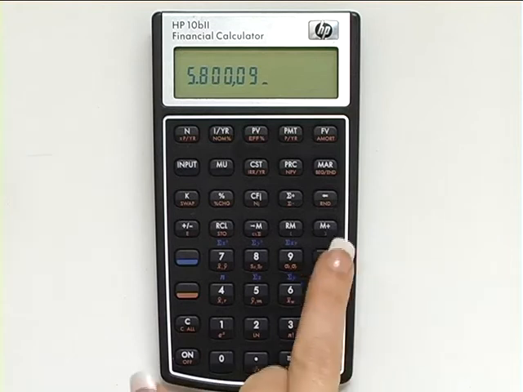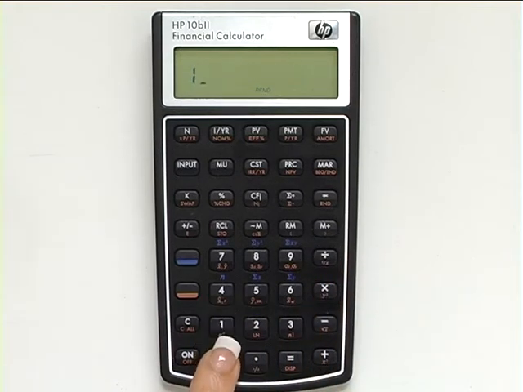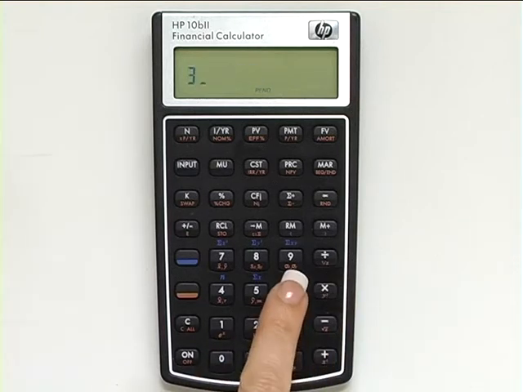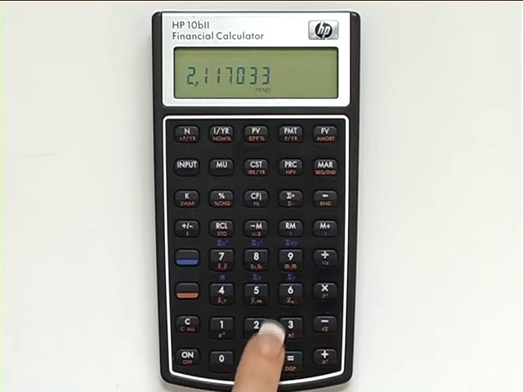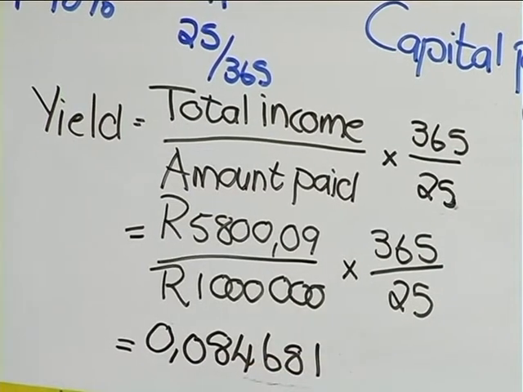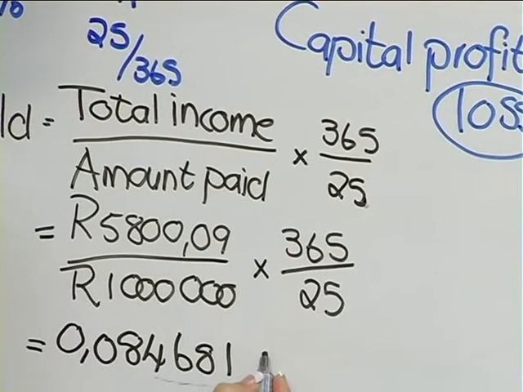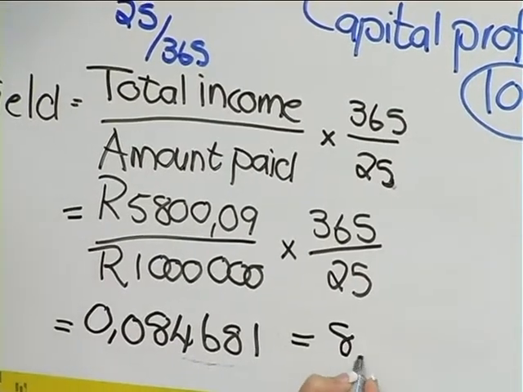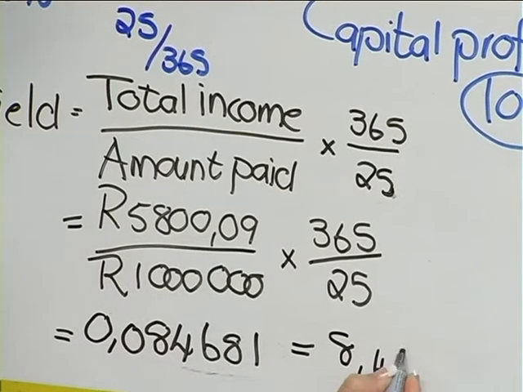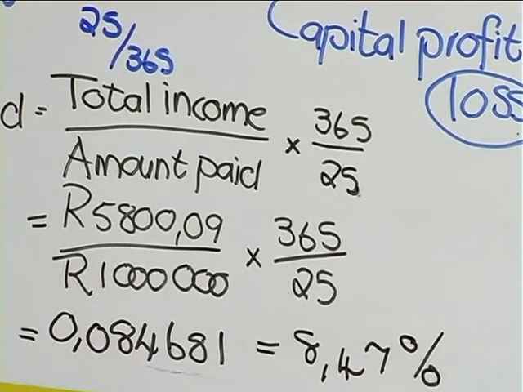5,800.09 divided by 1 million times 365 divided by 25, and that gives us 0.084681 or 8.47%.